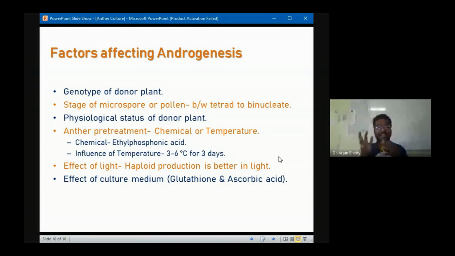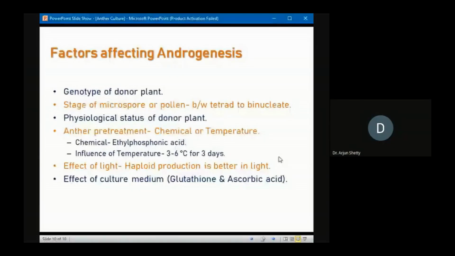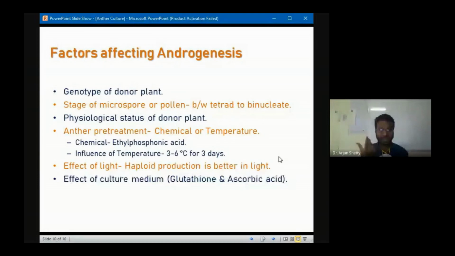The ethyl phosphonic acid may also increase the shelf life of the anther for a longer period. Other pre-treatments can be done, such as the influence of temperature. We can store those anthers at low temperatures for 2, 3, or 4 days, depending upon the type of pollen or anther you have taken.